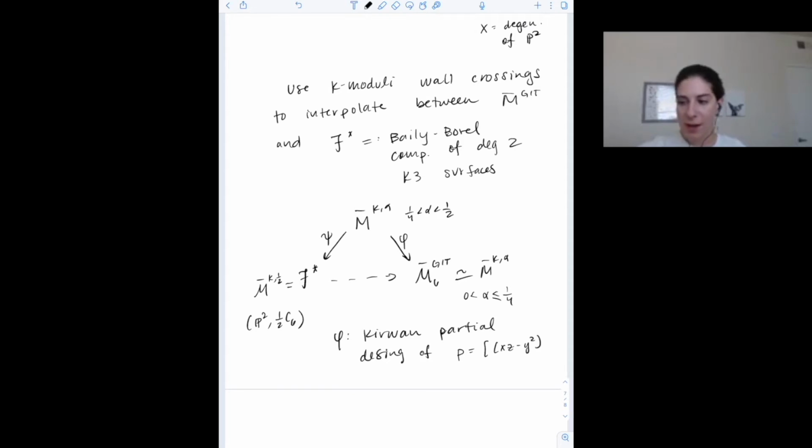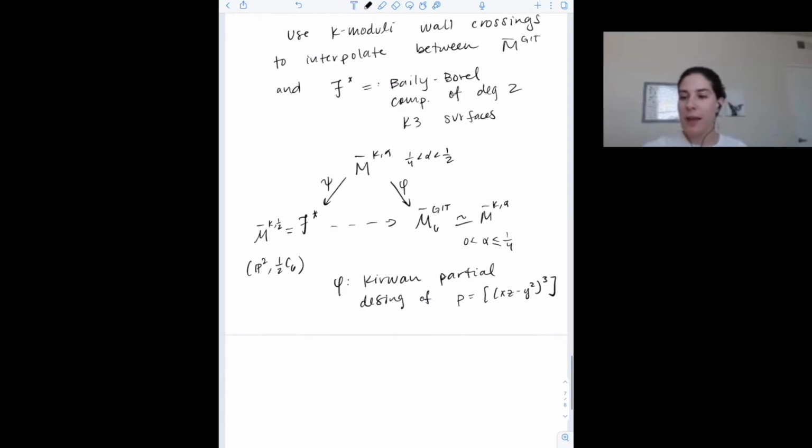So if you take a conic, that's a degree 2 plane curve. If I cube it, I get a degree 6 plane curve. And by blowing up that point, we can think about this as a desingularization of the moduli space. This is a sort of uniquely bad singular point of the moduli space.